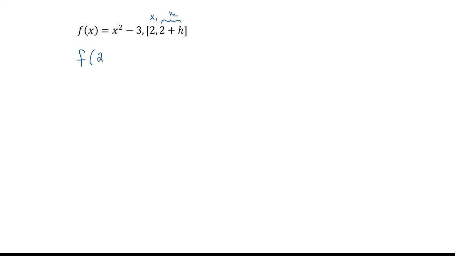So f of 2, our x sub 1 that was given, is 2 squared minus 3, which is 1. That results in the coordinate 2, 1. This is our x sub 1, and this is the y sub 1, or f of x sub 1, that goes along with that input.